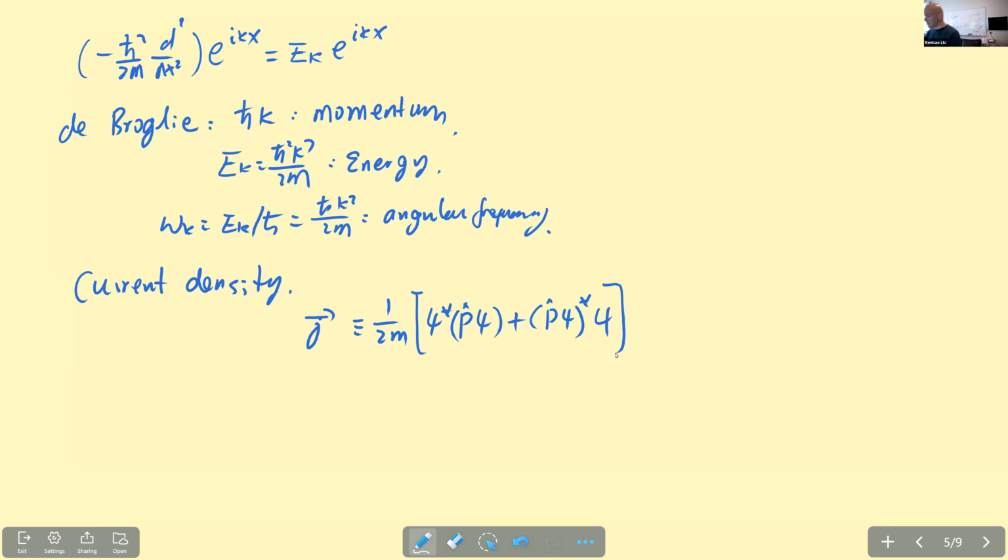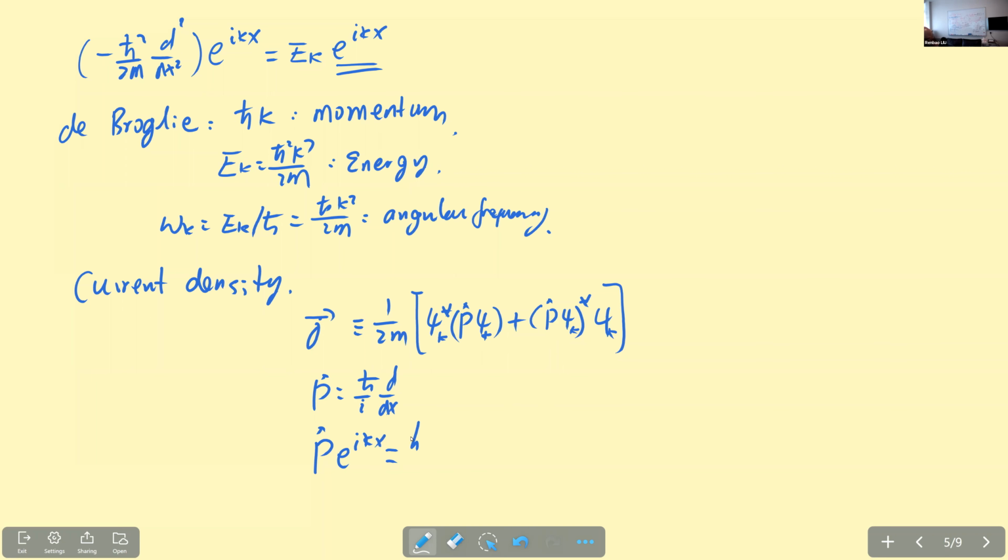So let's calculate this one. The momentum operator, we know, is just h bar over i d/dx. Now we consider this to be the eigenstate of the plane wave. We put this back in, so the momentum operator P acting on e^(ikx) will equal what?